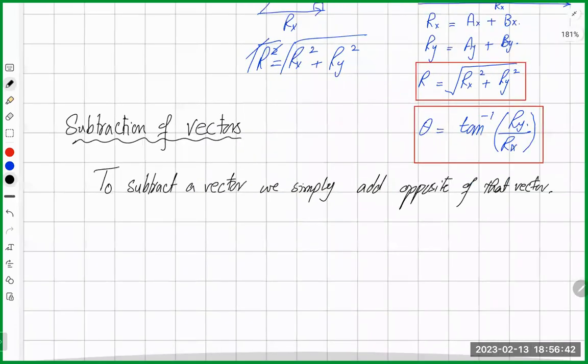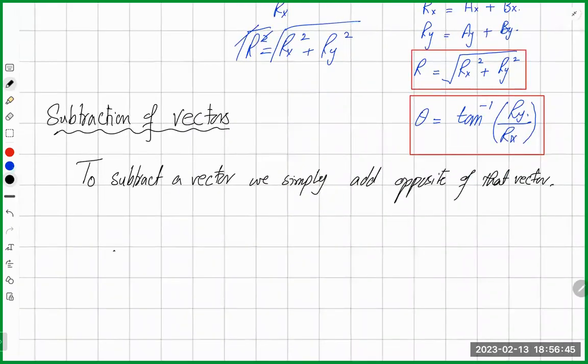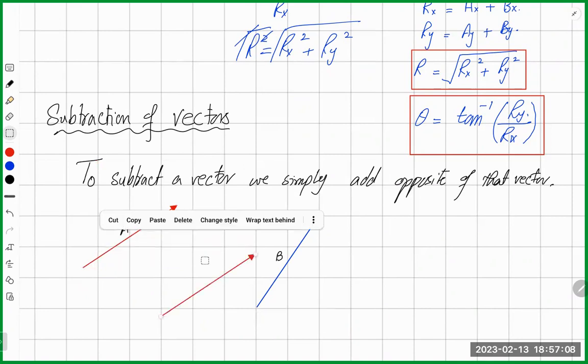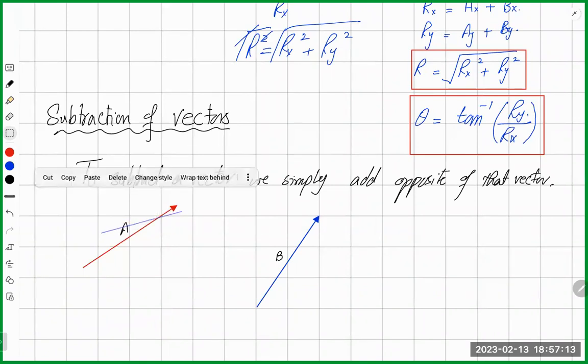See, if we have A and B like this, and somebody needs B minus A. What do you need? B minus A. So what we do is we find a vector which is equal in size to A, but in exact opposite direction.